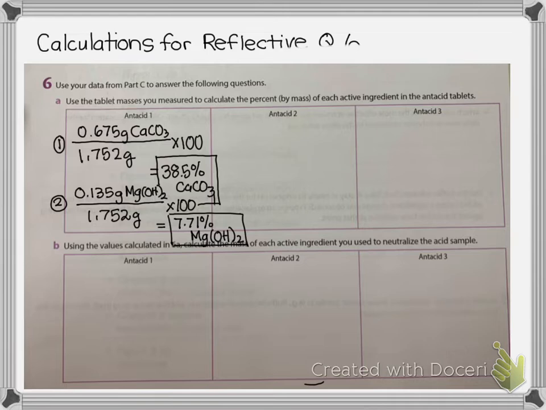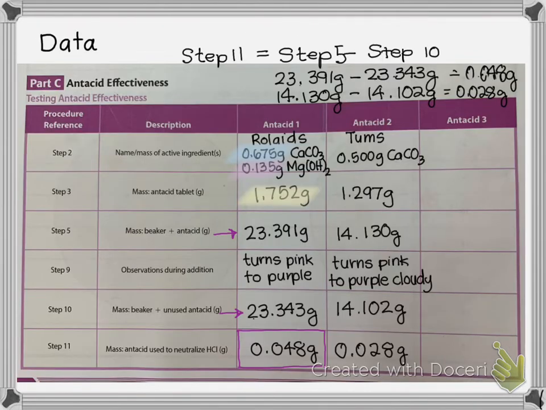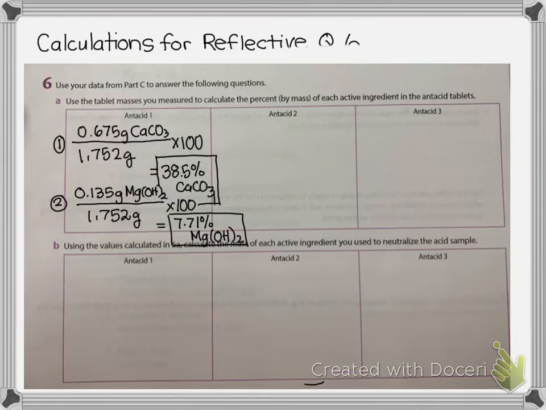Now, if I were to do the second antacid, it's a little bit simpler because there's only one thing. And you would be doing all of these, for every antacid, even if it's not yours, you're going to do the calculation. So again, to find the percent concentration, you take the amount of active ingredient there, so 0.5. That's the calcium carbonate. And we're going to divide that by the total amount for this example. This should say question 6 up here.